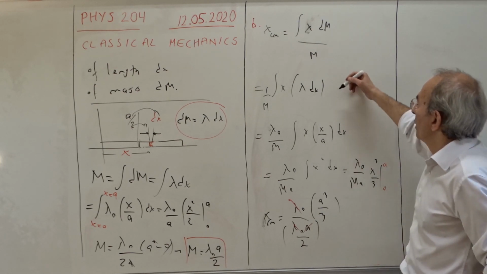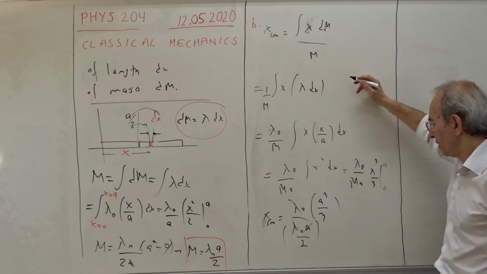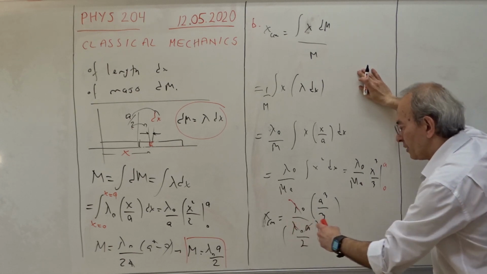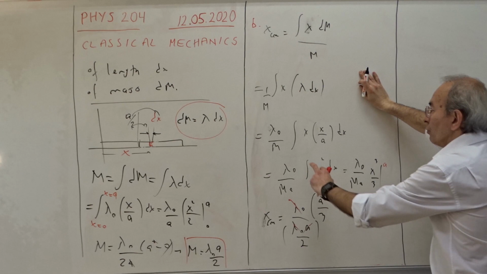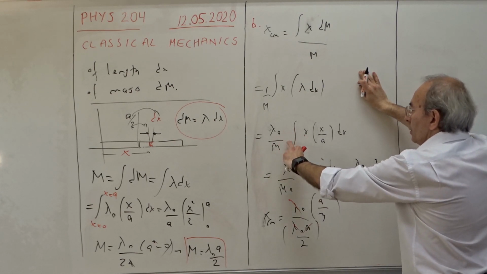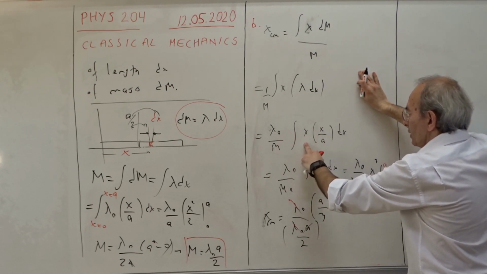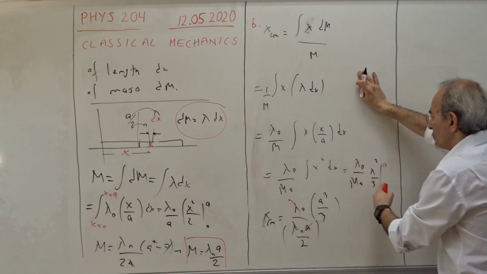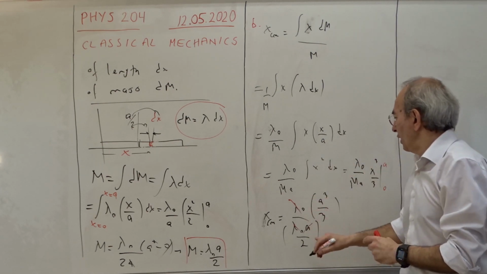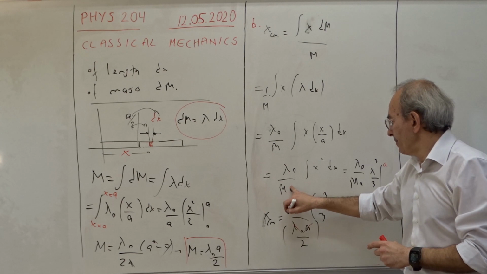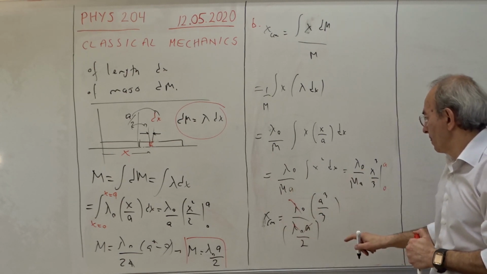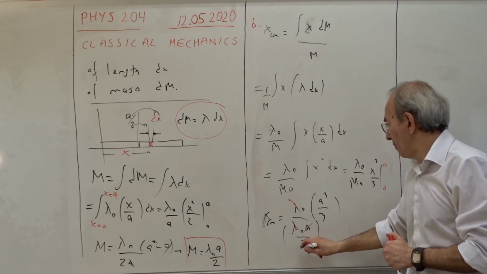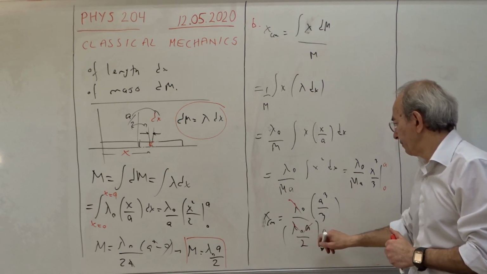Let's not make a power mistake, because x is expected to be a length, something times a. So we have lambda 0 x over a. There's one x and another x, x squared, x cubed over 3, alright? So we have lambda 0 over m, over ma, and there's one more a here.